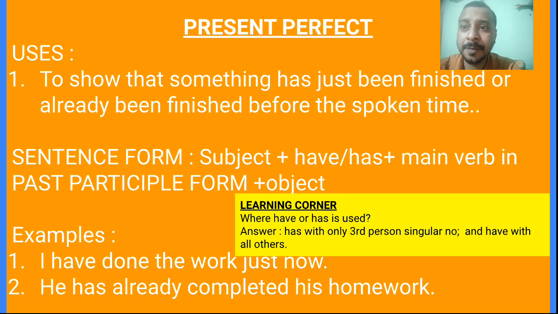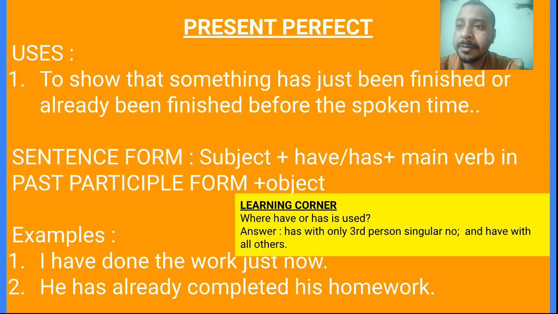So the sentence form of present perfect is subject plus have or has plus main verb in past participle form plus object. Main verb in past participle form means like, I tell you, do, did, done, write, wrote, written. So done, written, these are past participle form verbs, and you can find them in any grammar book. You should see those verbs because those verbs are important in all the tenses.